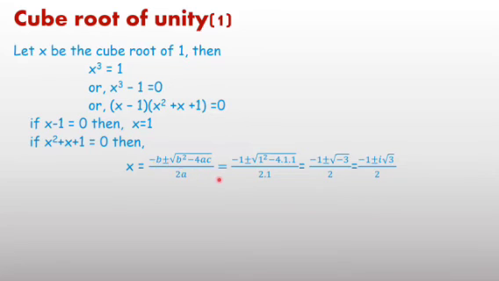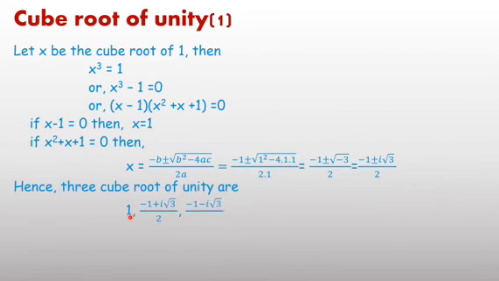Put the values of a, b, c here. You will get minus 1 plus minus i root 3 upon 2. It implies the cube roots of 1 we are getting are: first cube root is 1, second cube root is minus 1 plus i root 3 upon 2 taking positive sign, and the third cube root of 1 is minus 1 minus i root 3 upon 2.